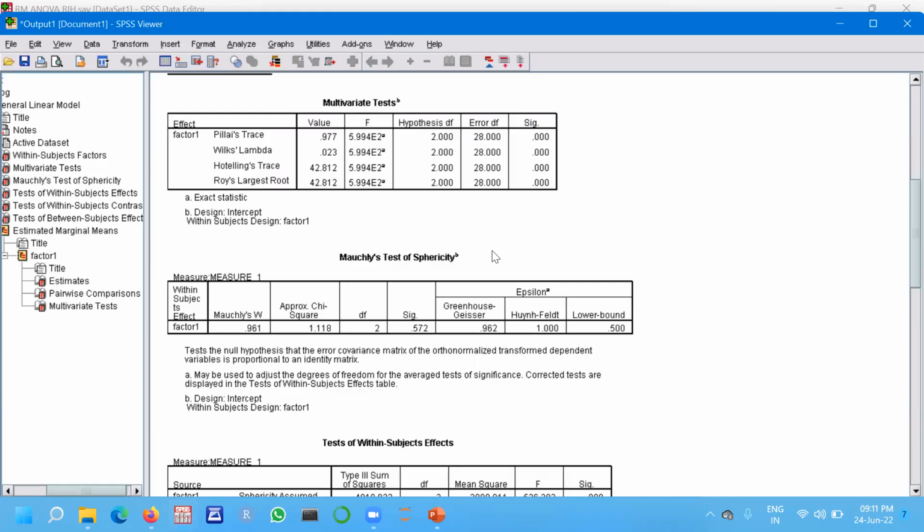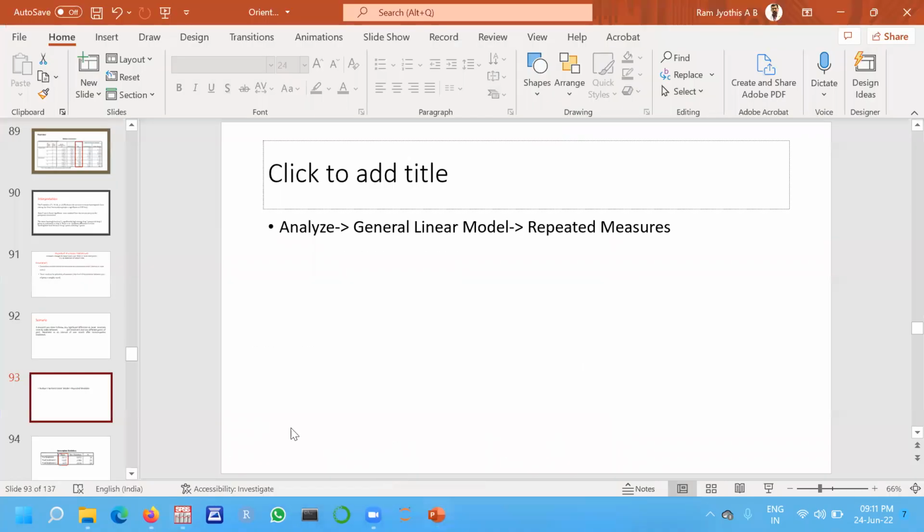The significance value or p-value should be more than 0.05. Then only it will be satisfied. Once Mauchly's test of sphericity is satisfied, you can very well go to the post hoc analysis. Otherwise, if this is less than 0.05, then we have to go to epsilon. Then you have to go for epsilon, and I will show you the slide on how to interpret that.